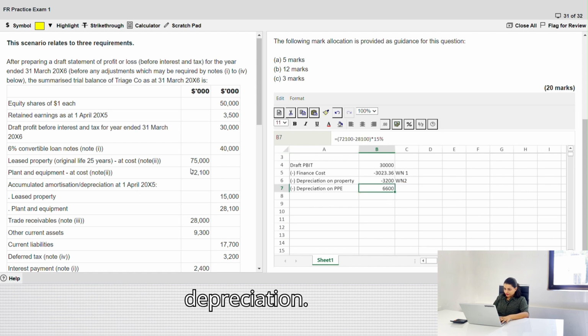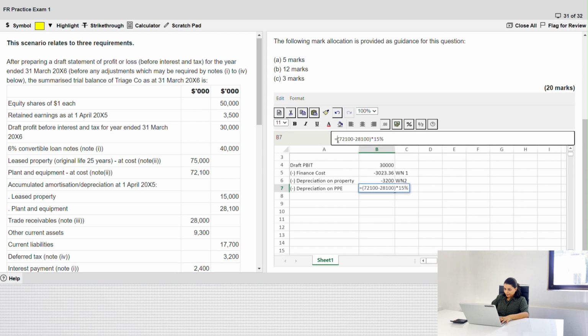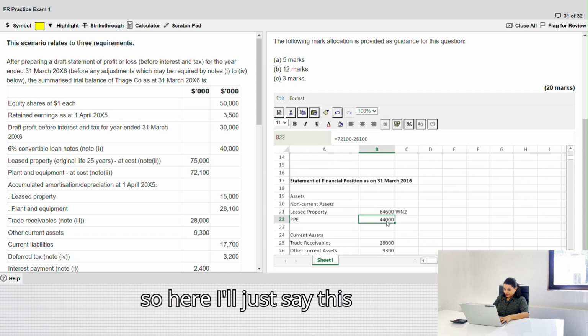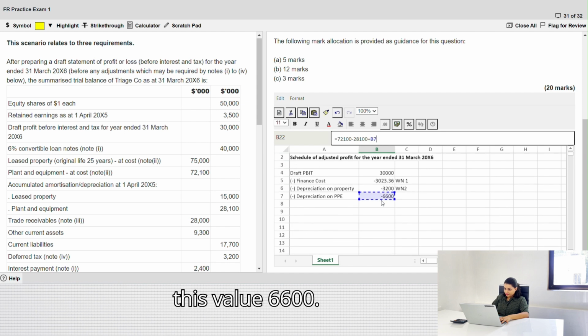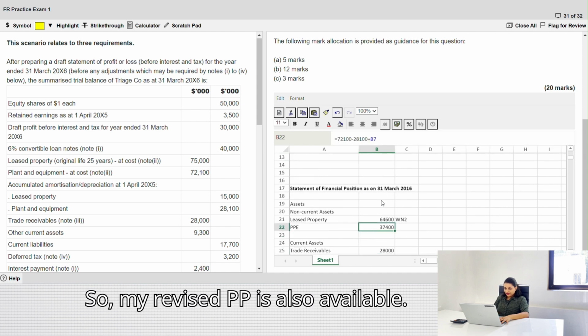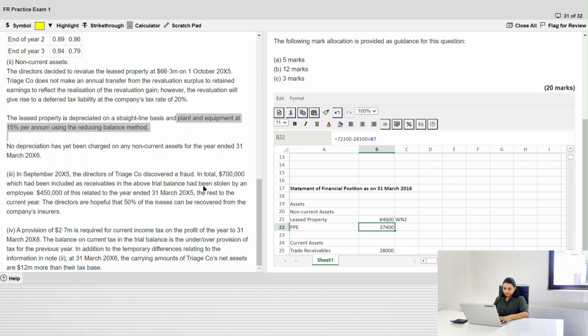So that's my depreciation. Just do a minus. So here I'll just say this minus this value 6,600. So my revised PPE is also available.